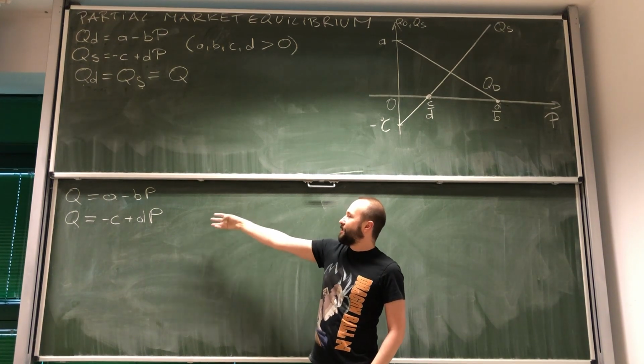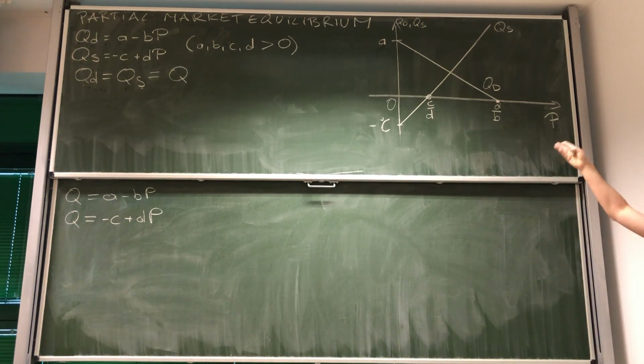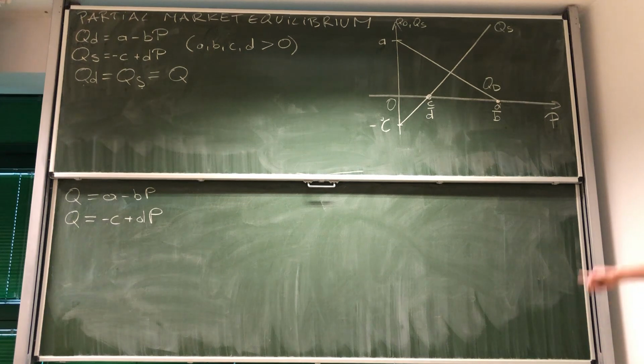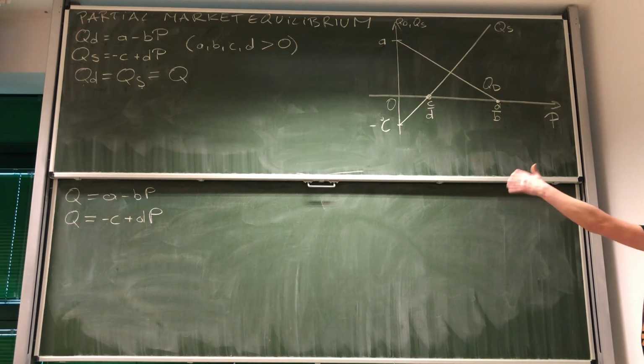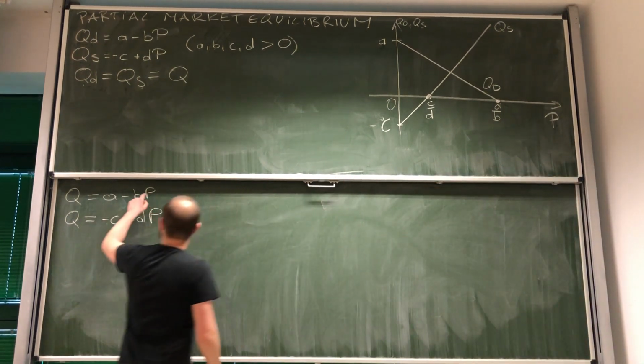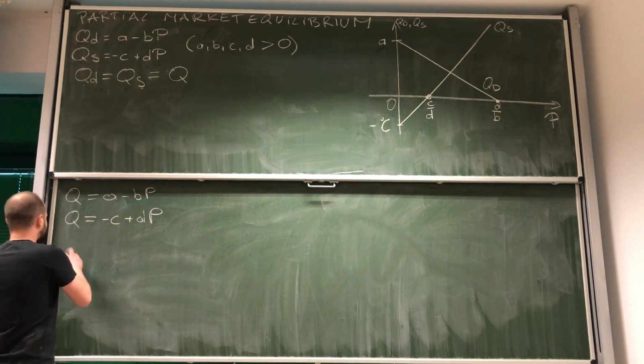When we've got our system that we are trying to solve to find equilibrium price and equilibrium quantity, the first thing we do is put all the endogenous variables on the left and leave everything exogenous, so constant terms, because of course we need to move them with parameters, on the right. So here we just move expressions with prices to the right.